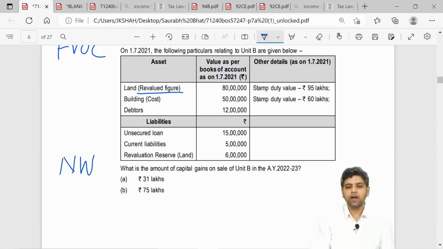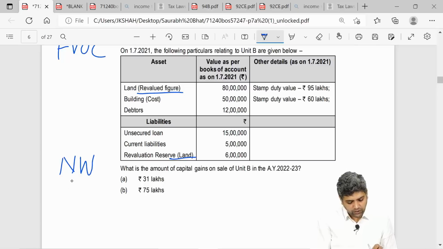Second, if the asset has been revalued, then we consider the value of the asset ignoring the portion of revaluation. And third, in case the asset has been used for specified business, where already 100% deduction you have got, the cost of such asset while computing net worth shall be taken as nil. So over here the land is taken at revalued figure and they have told us that revaluation reserve attributed to land is 6 lakhs.